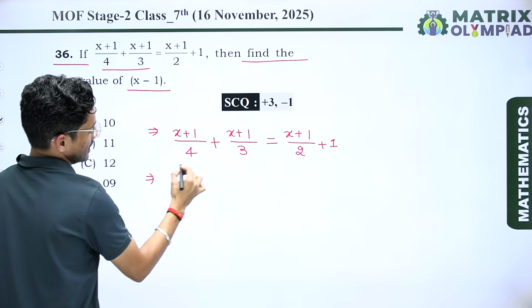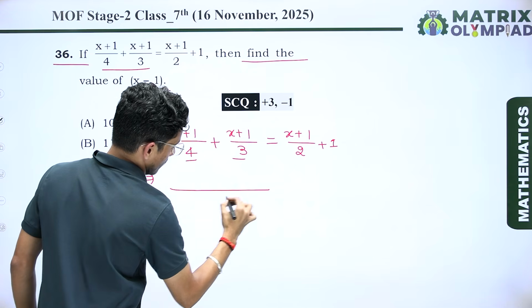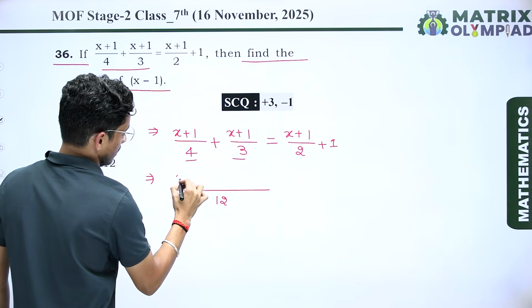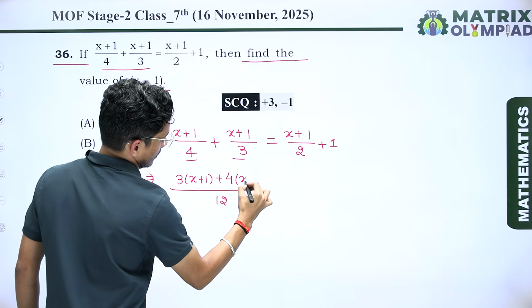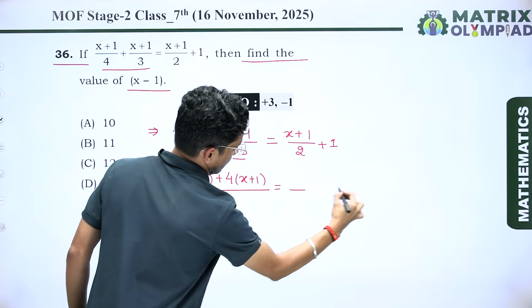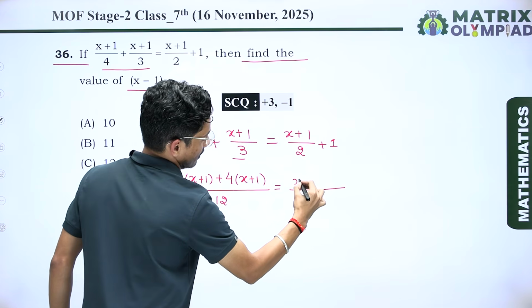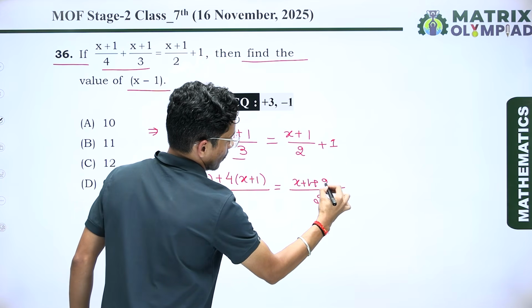So if we take LCM 4 and 3, then we get 12. So I can write here 3 bracket x plus 1 plus 4 bracket x plus 1 which is equal to, if here we take LCM 2, then I can write x plus 1 plus 2.